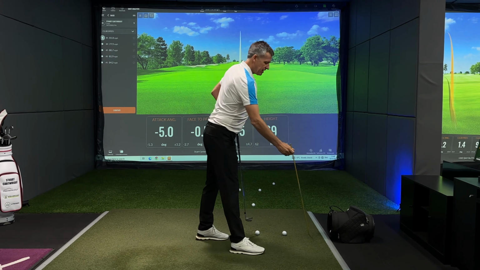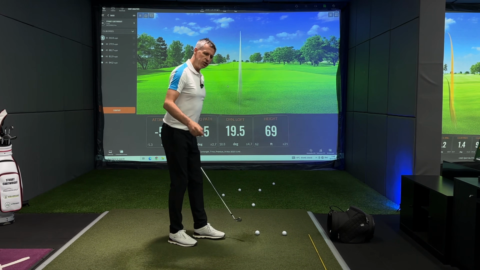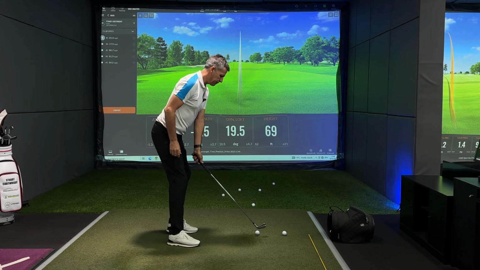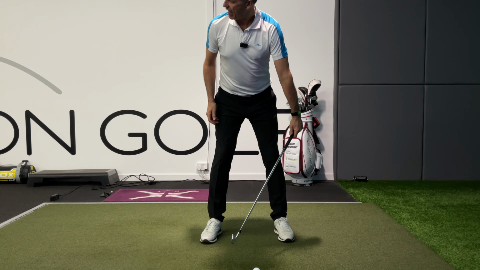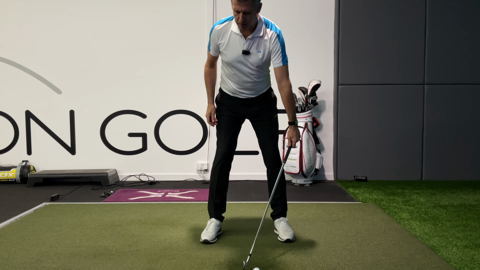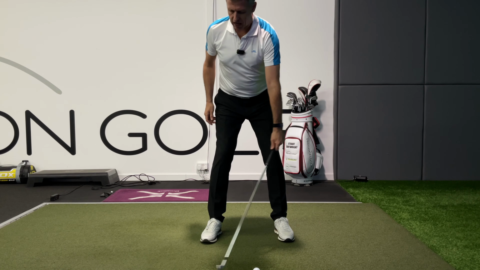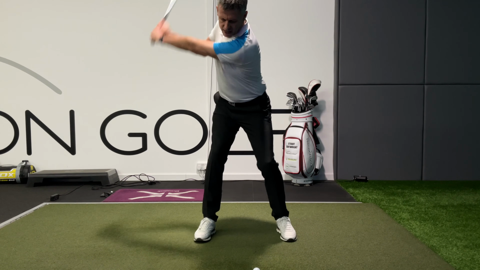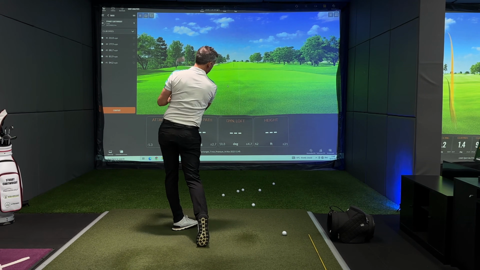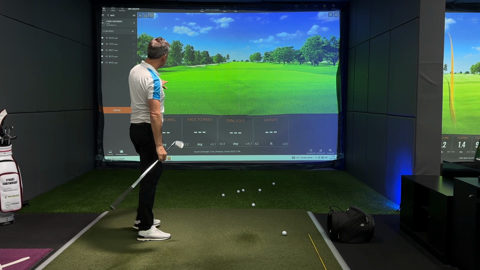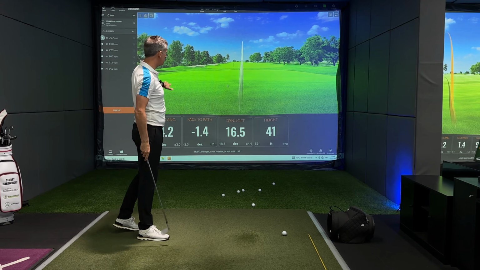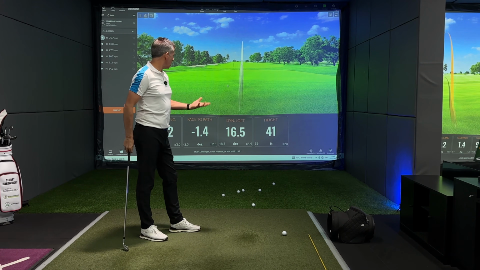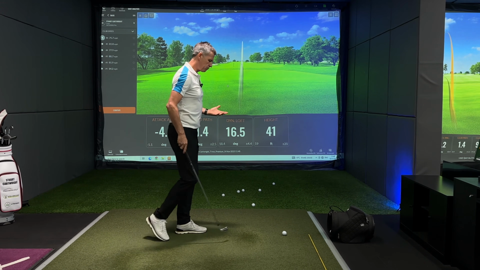Today, understand that we can create a reduction in loft angle at strike by creating a handle lean forwards, but still creating an angle of attack that's very light, which is why you see on this last shot here how the angle of attack was down at 4.2 degrees, but yet we've got a dynamic loft angle at 16.5.